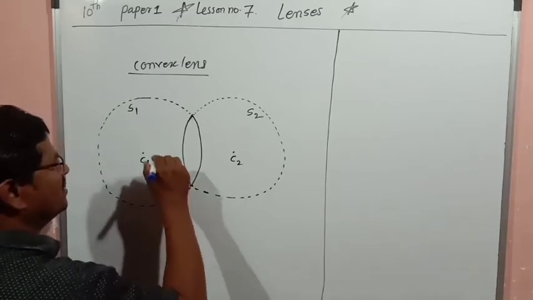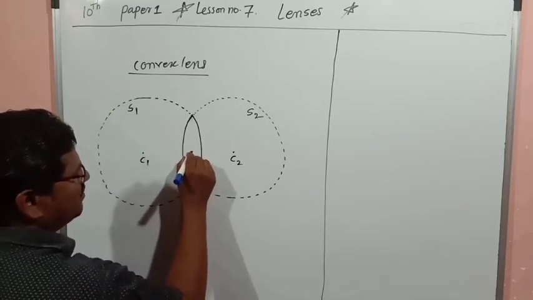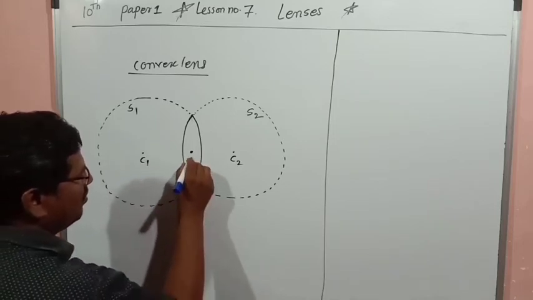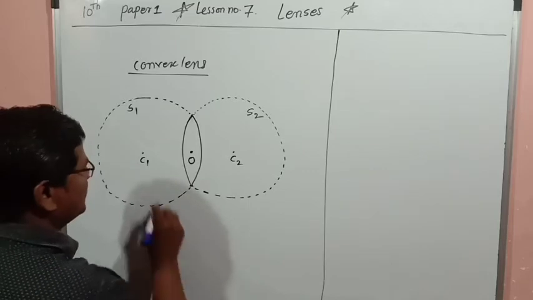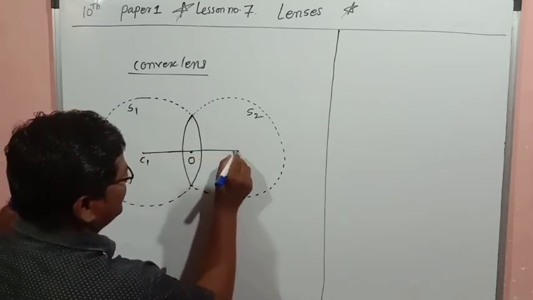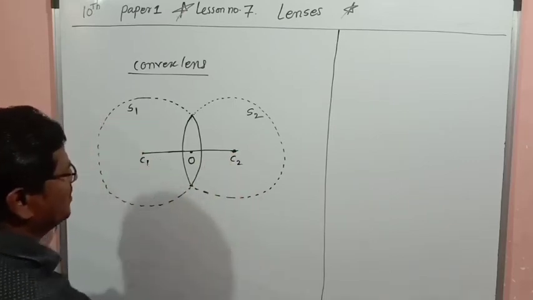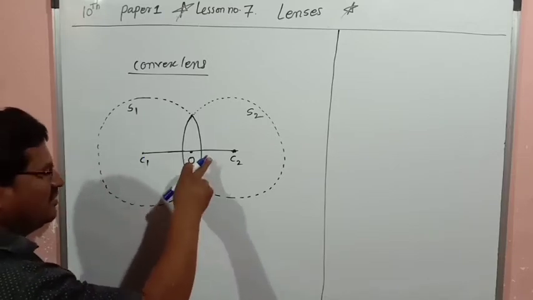Again, one more thing: if you look here, the midpoint of the lens will be the optical center, and the line you join is the principal axis.